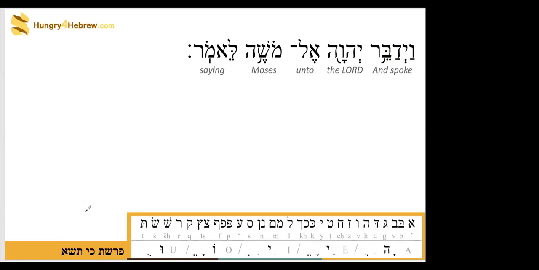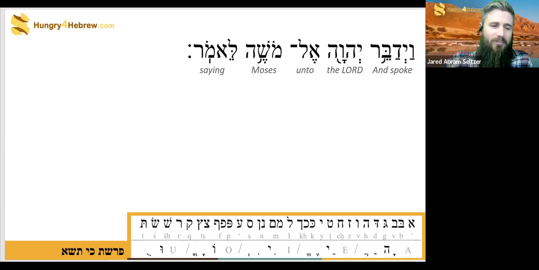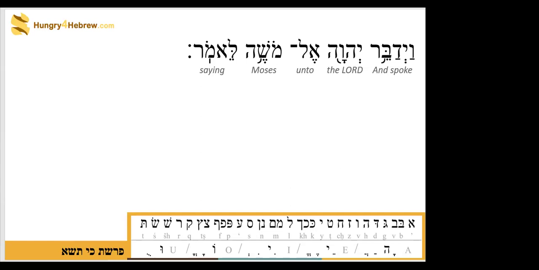When God told Moses, at the beginning of the verse, it says that God spoke to Moses face to face. But just a few verses down, he tells Moses, "No one can see my face and live."